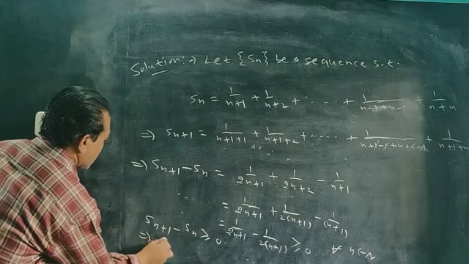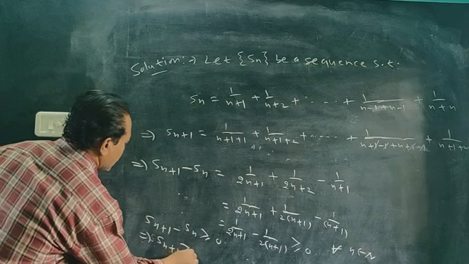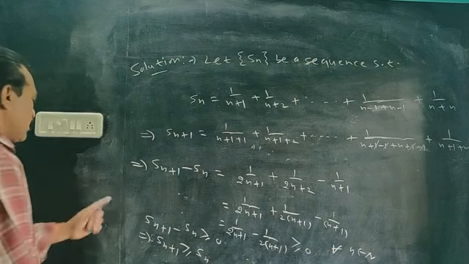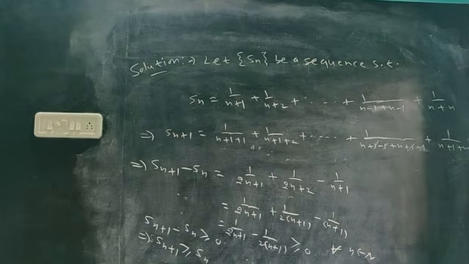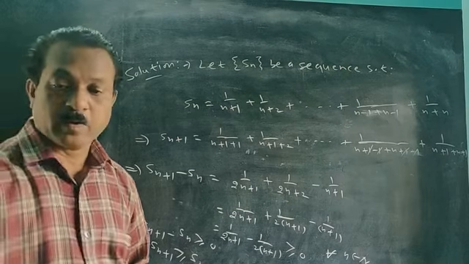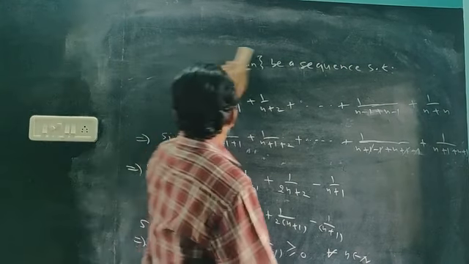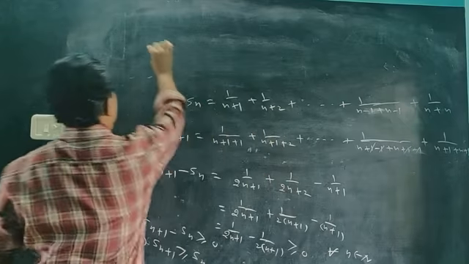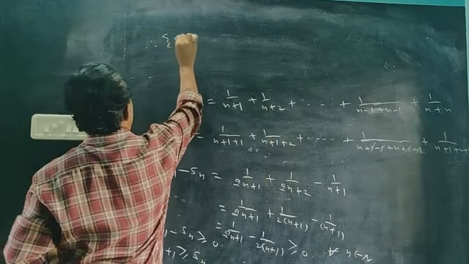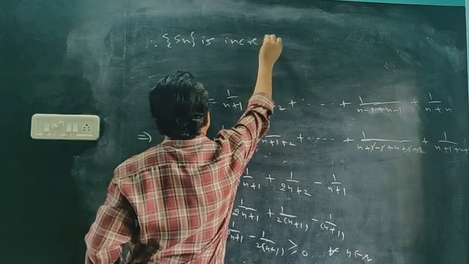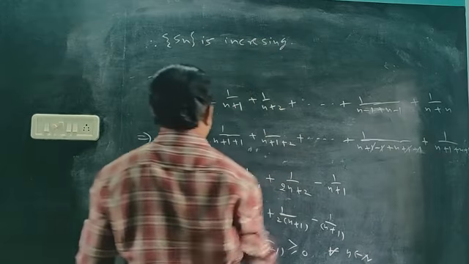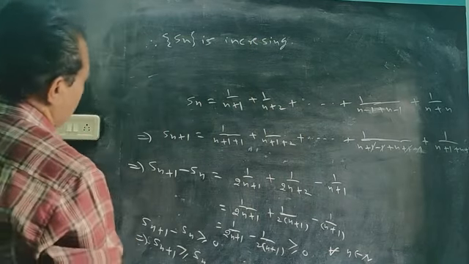That means Sn plus 1 will be greater than Sn, so this will be increasing. Therefore the sequence Sn is increasing. So the first point is clear: increasing.